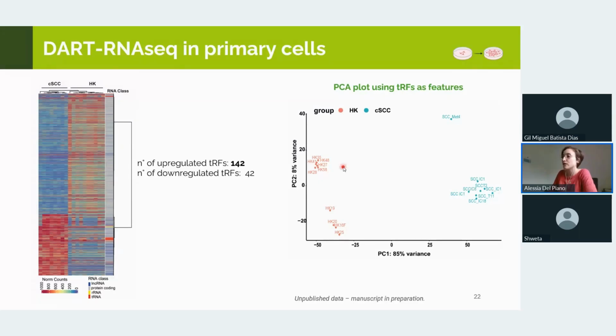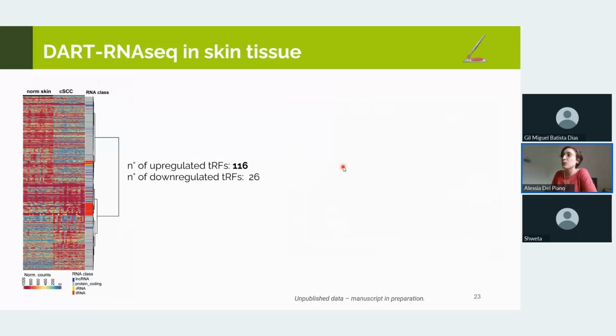And then we moved to the tissue, performing tRNA-seq in skin tissue, and again, even if less nicely than before, we were able to identify 2 clusters of RNA fragments that distinguish between normal skin and CSCC lesion.